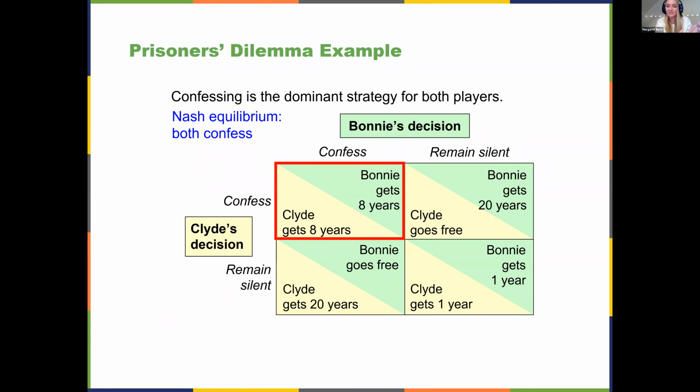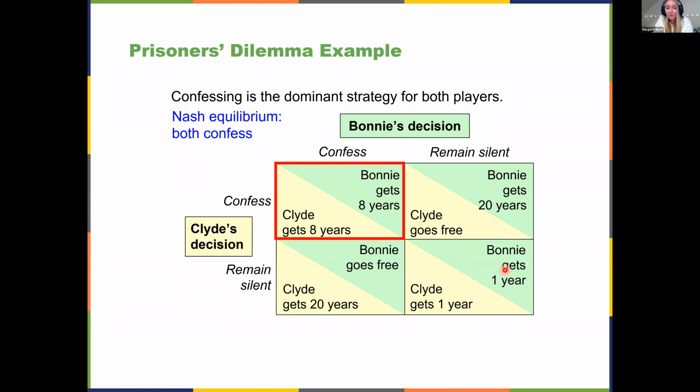We introduced this idea of Nash equilibrium in the previous video. So remember, a Nash equilibrium is making the best decision for you given the behaviors of other players in the game. So both Bonnie and Clyde are making the best decision that they can based on what they think the other person is going to do.